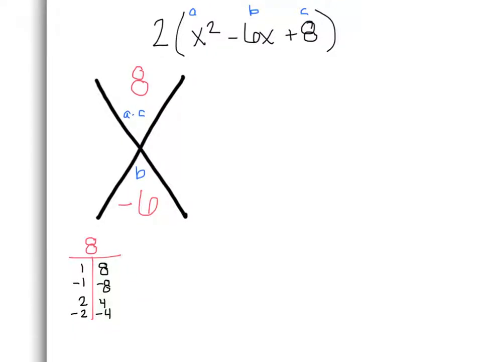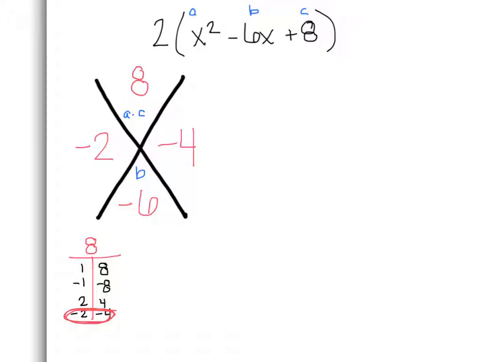Do any of those add to get negative 6? Well, yeah: negative 2 and negative 4. So that's what you fill in here, negative 2 and negative 4. Double check yourself. Do those multiply to get positive 8? Signs are important. Do those multiply to get positive 8? Yes. Do they add to get negative 6? Yes. All right. We're doing good.